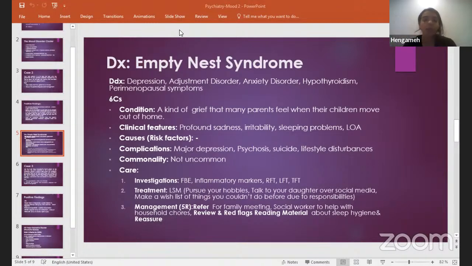But the DSM criteria says 3 months from the trigger. That's not always the case because sometimes the trigger is a continuous trigger. Was I able to answer your question, Dr. Martin? Yes, thank you. No worries.